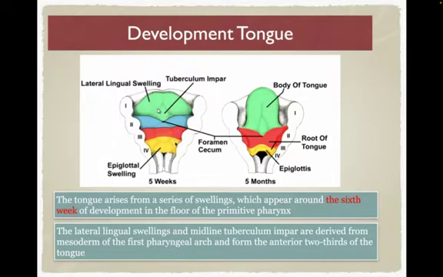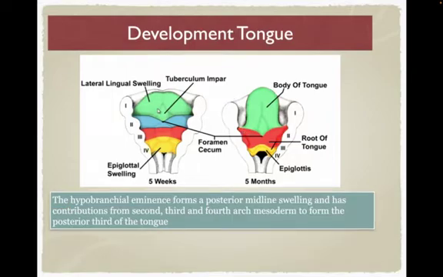Here you can see the different germ layers. First, we have the lateral lingual swellings from the first pharyngeal arch, together with the tuberculum impar, which in the future will form the anterior 2/3 of the tongue.